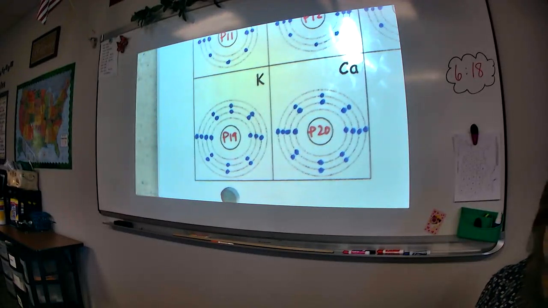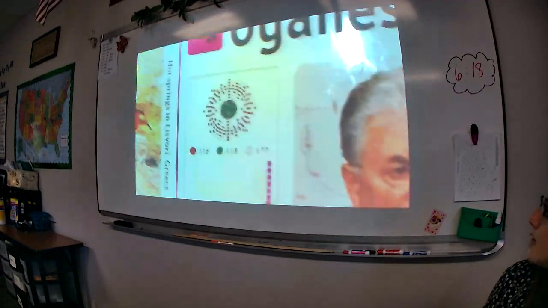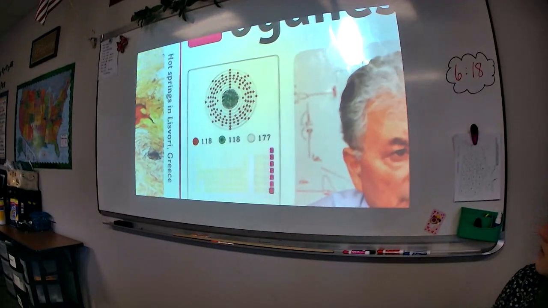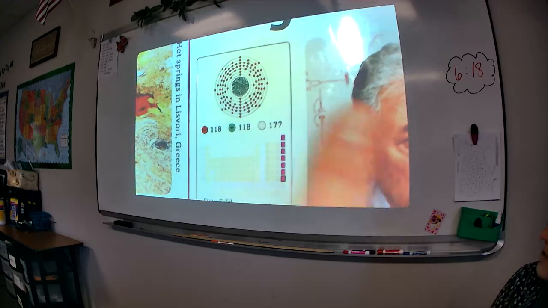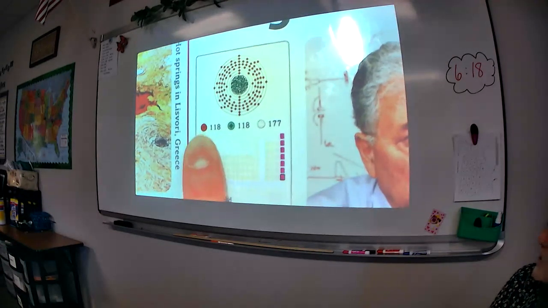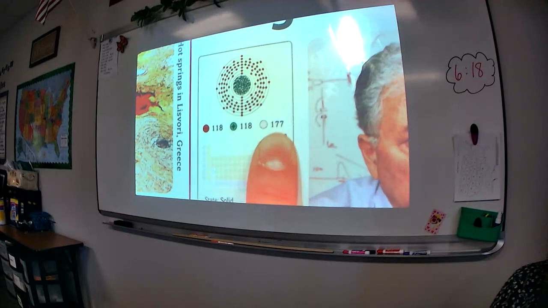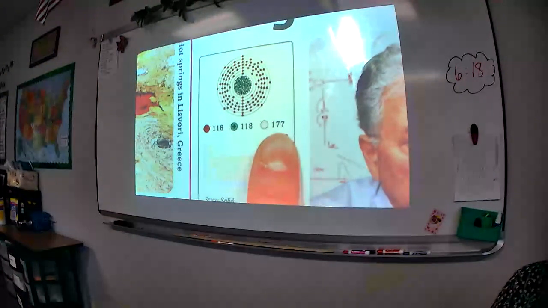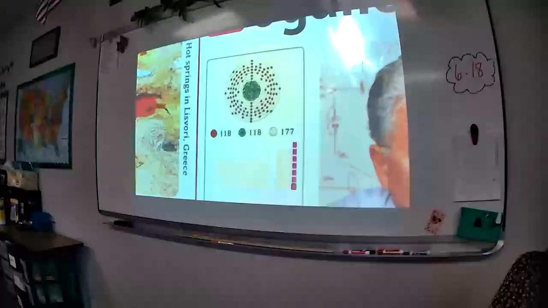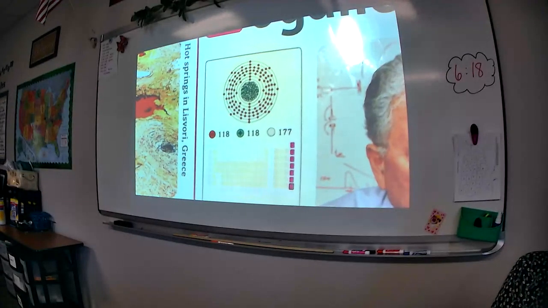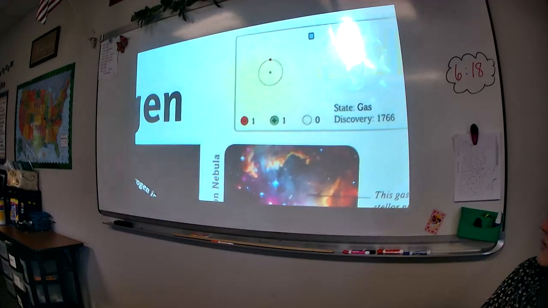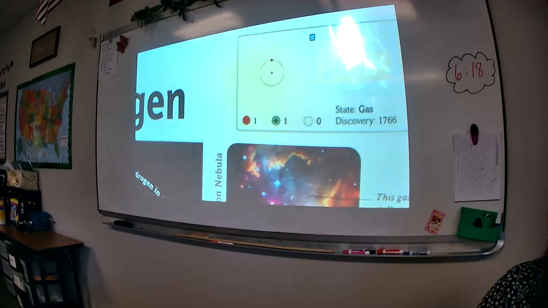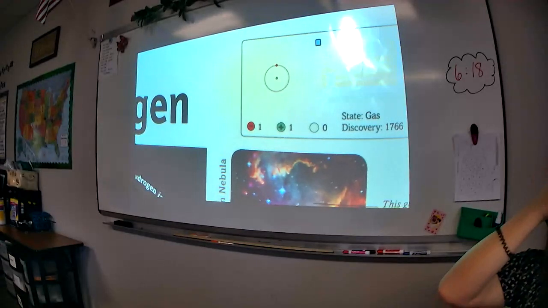So you can see here, there's oganesson. It has 118 protons, 118 electrons, and 177 neutrons. And there's hydrogen, super teeny tiny in comparison.